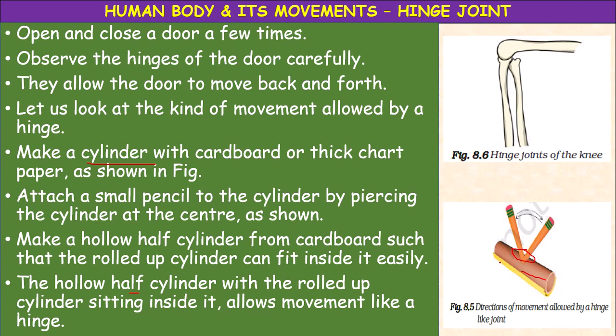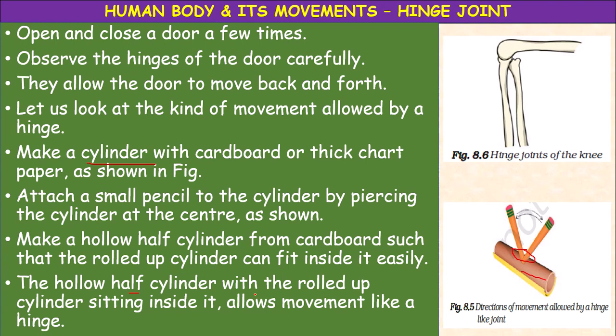One is yellow color and one is brown color. The yellow color is a half cylinder, cut so that the other cylinder can fit in it. So make a hollow half cylinder, that is the yellow one here, from the cardboard such that the rolled up cylinder can fit inside it easily.